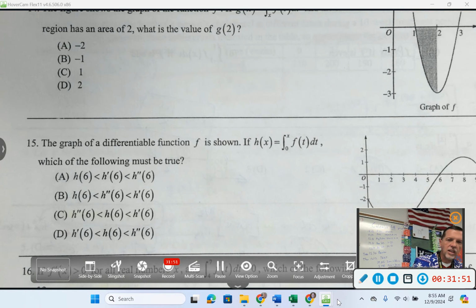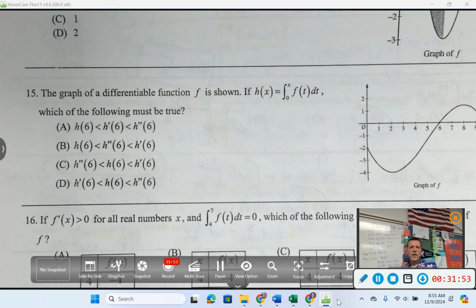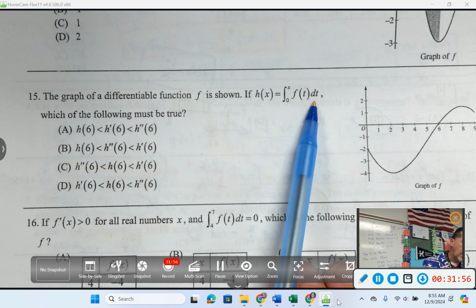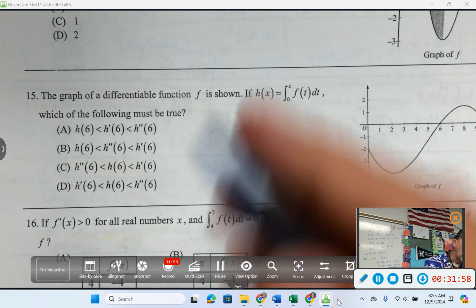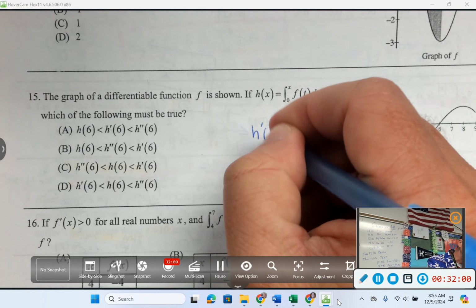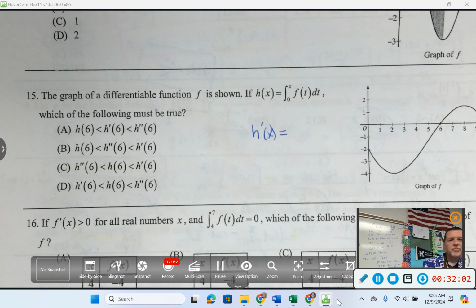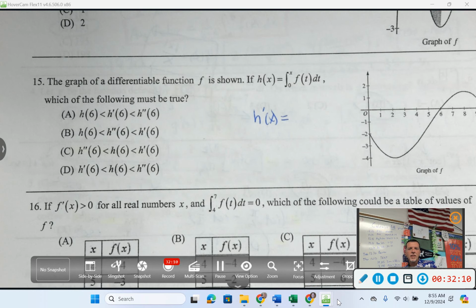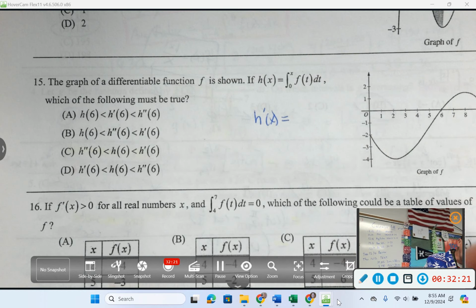15. H is the area. What's H prime equal to? Here's the big point of number 15. What's the derivative of H equal to? The slope of H, that's fair, but I don't have anything with H, so that wouldn't help me.